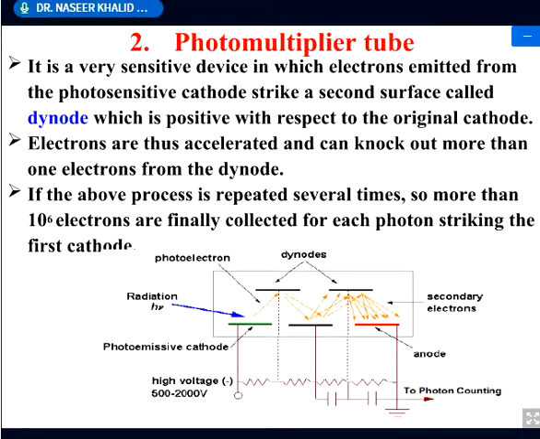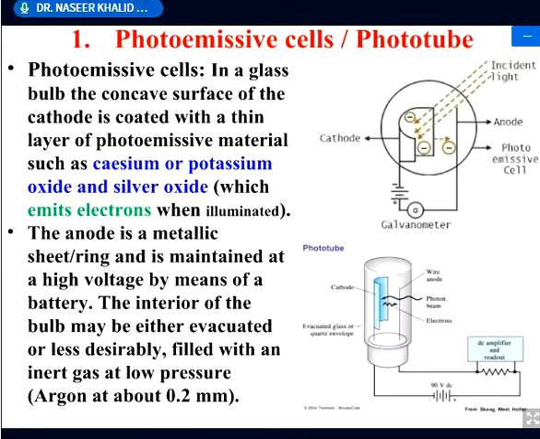Now, the number of electrons being emitted from this surface is directly proportional to the incident light. So if, for example, one photon is bombarded, it gives us one electron. And when this electron is bombarded on another cathode, it gives more electrons.